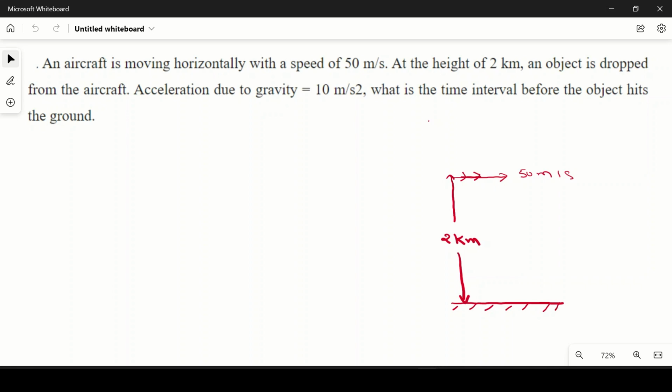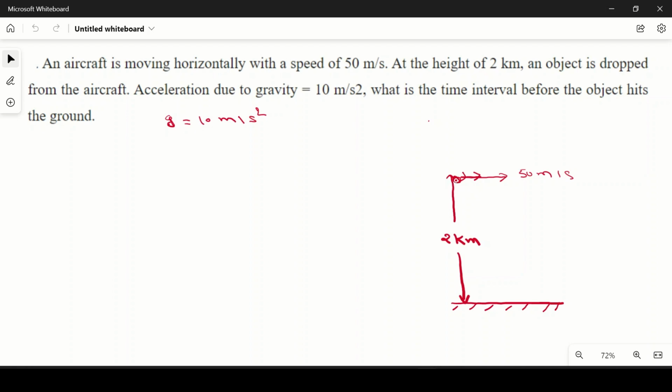Then an object is dropped from the aircraft. Suppose a ball or something is dropped from the aircraft. Acceleration due to gravity g is given as 10 meter per second square in the vertical direction. What is the time interval before the object hits the ground?